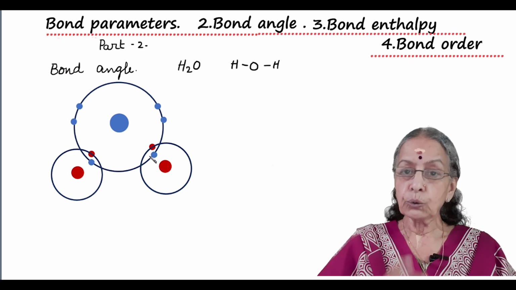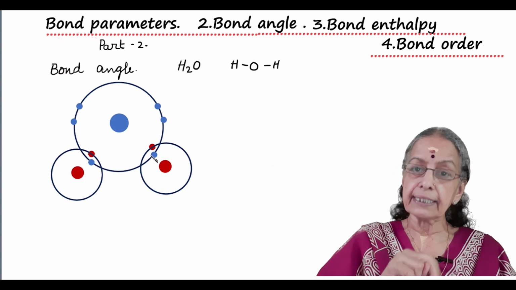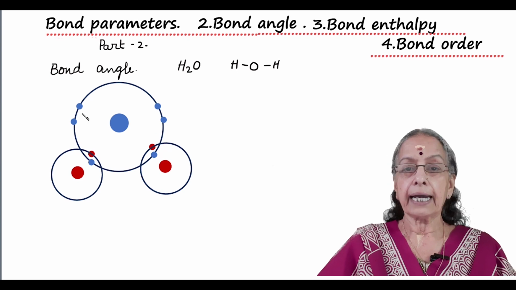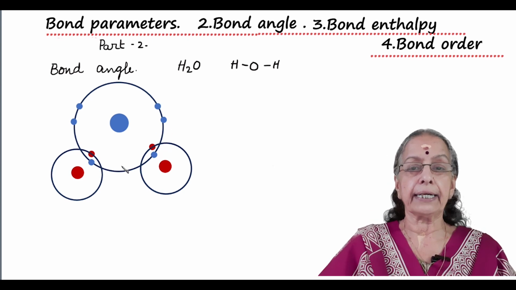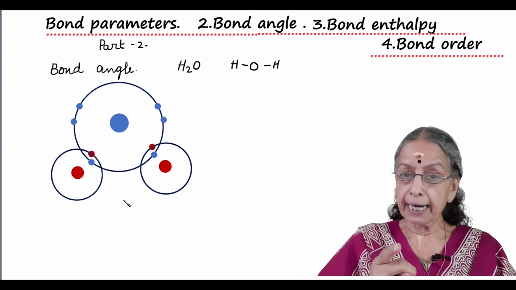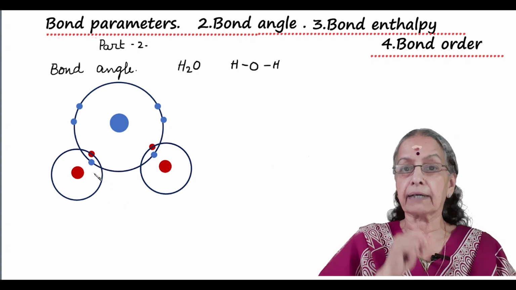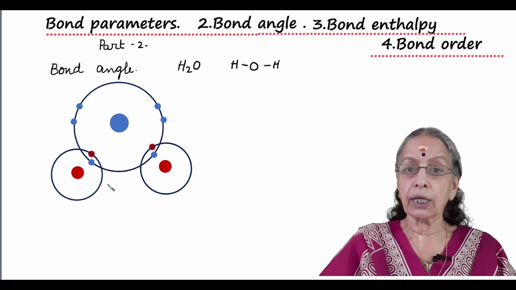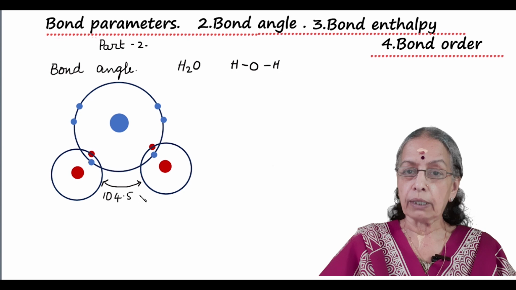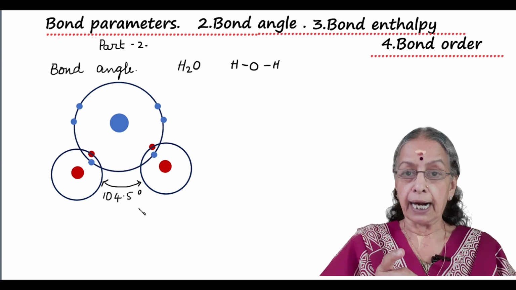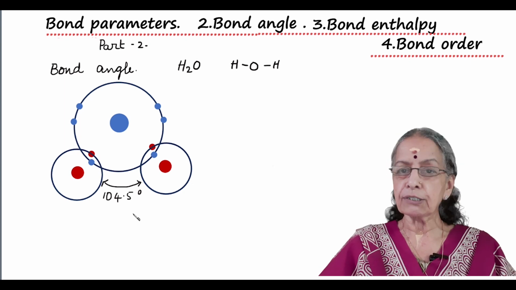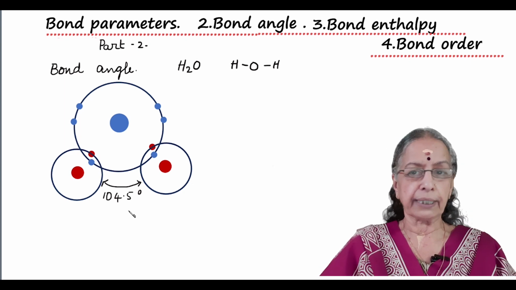For oxygen, 2 more electrons are present in the inner shell. That is not shown here, only the valence shell is shown. I have shown the 2 lone pairs of oxygen. So, as per definition, it is the angle between these shared pair of electrons which is called the bond angle, and it has been measured to be equal to 104.5 degrees.